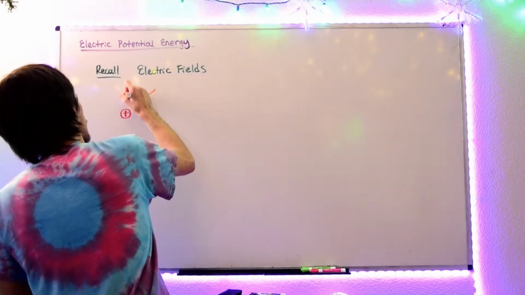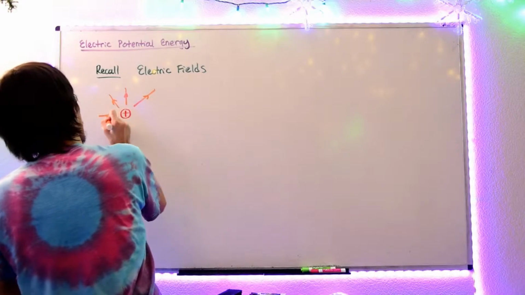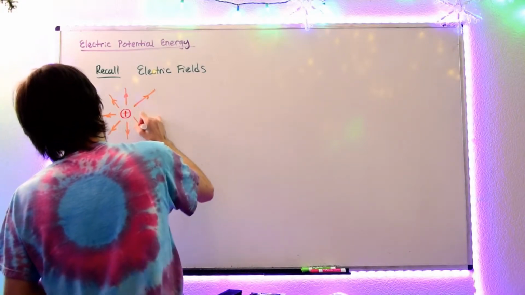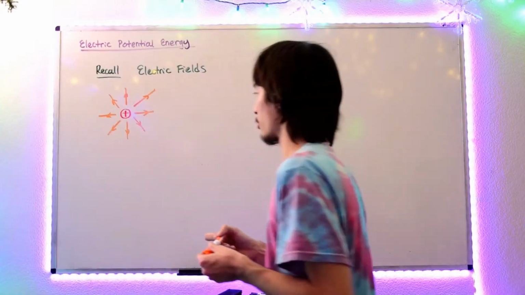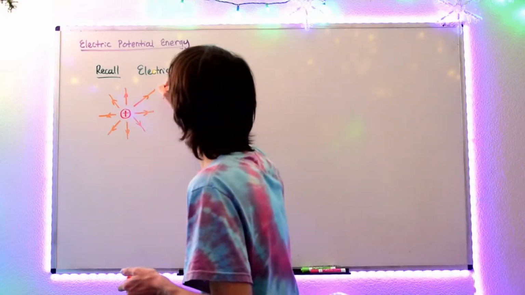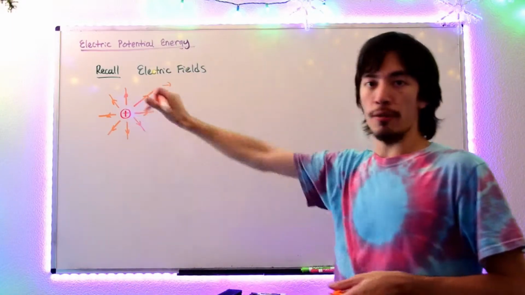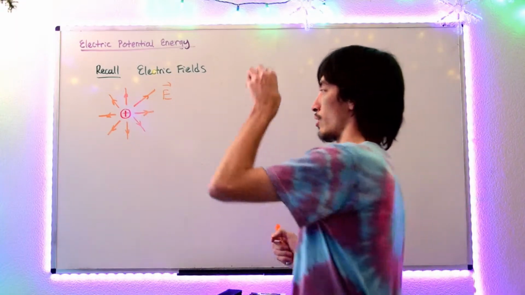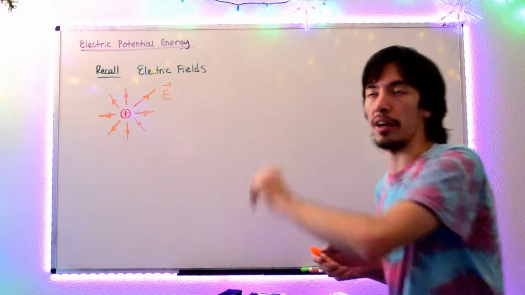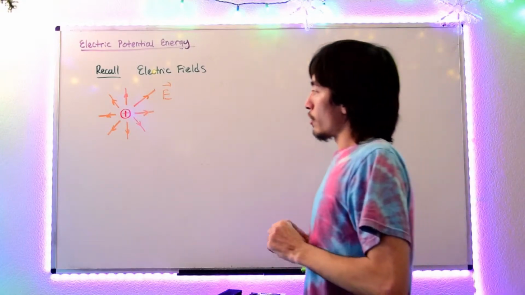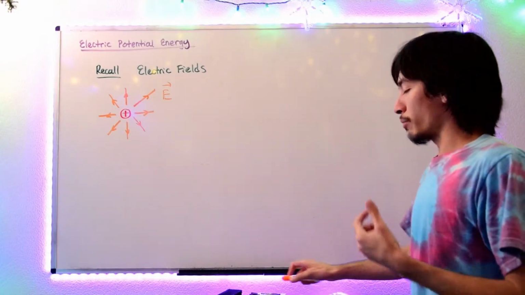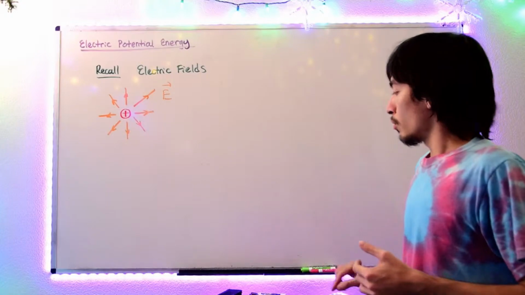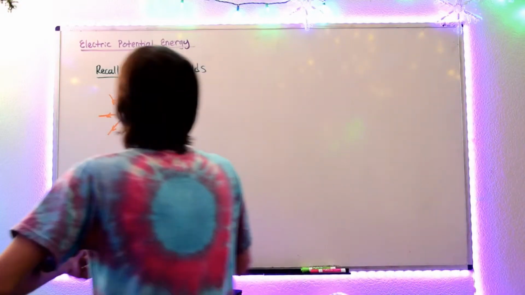We remember that this electric field does not depend on the presence of any other charges. This electric field is purely from the source being there. It's a very helpful quantity to talk about when you're just talking about sources. So we want to do something very similar with potential energy. So what we're going to do is define another quantity.